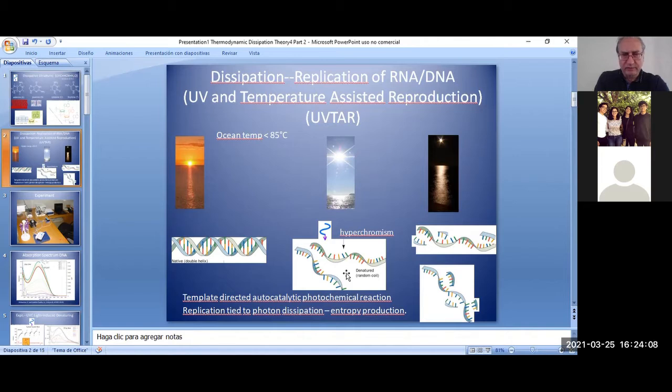And how could that occur? Well, if you have initially one nucleic acid, which is a good dissipator, and it reproduces to give you two nucleic acids, then you have twice the dissipation capacity of the one before. So replication is a form of increasing dissipation.